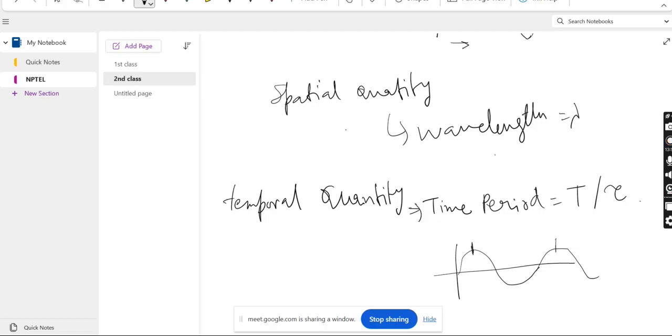The length over which a phase repeats itself is the wavelength. And the time over which it repeats is the time period, T or tau. But when we denote lambda, the x-axis should be in x, and when we say time period, the x-axis needs to be in time.